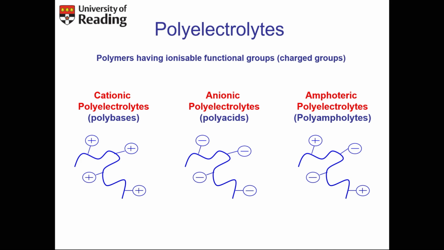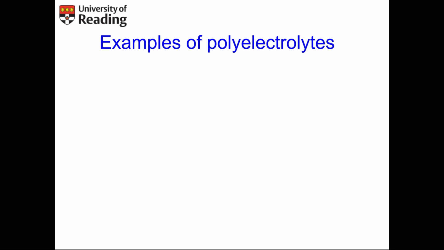In this case, the macromolecules will have positively charged groups. They could be anionic or polyacids. In this case, they have negatively charged groups. But if within one macromolecule you will have both positively charged and negatively charged groups, then these polyelectrolytes will be called amphoteric or polyampholytes.